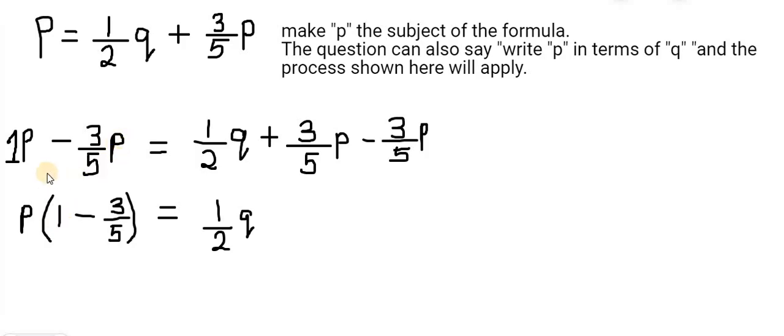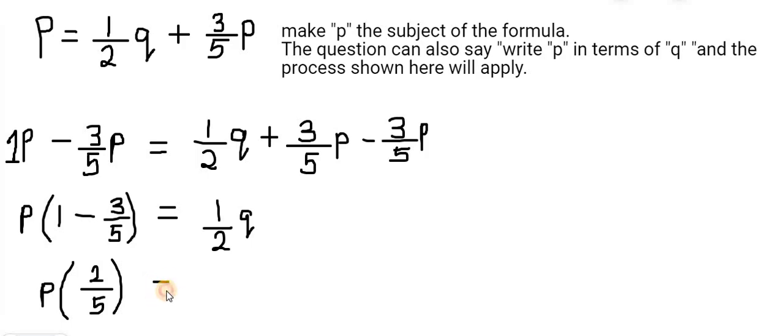When I take p out of here, only minus 3 over 5 is left. Now, you should know how to subtract fractions by now. We've covered it in a previous session. So 1 minus 3 over 5 will get me 2 over 5 if I'm doing it as a fraction. And if I'm doing it as a decimal, it's 0.4.